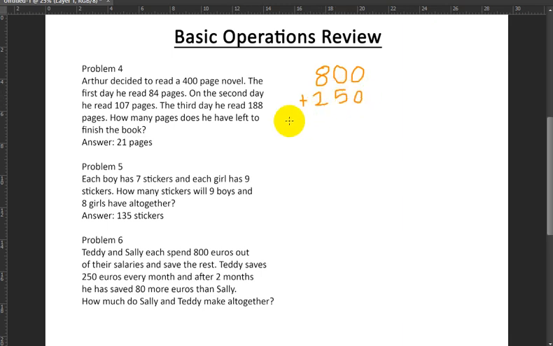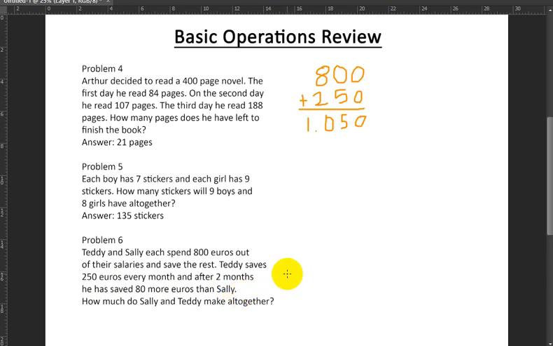So finding Teddy's salary is quite easy. What's more difficult is going to be finding Sally's salary. Because what information do we have about Sally's salary? It's that after 2 months, Teddy has saved up 250, no, sorry, he's saved up 80 more euros than Sally.